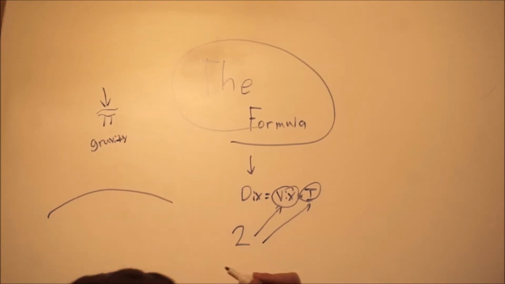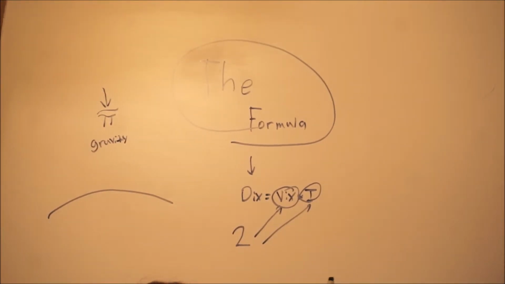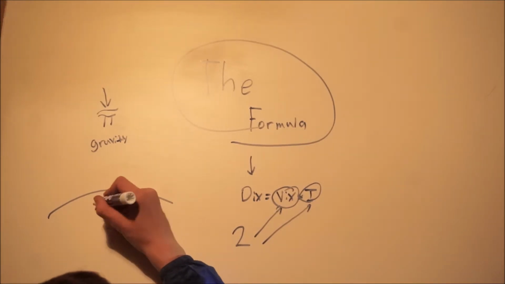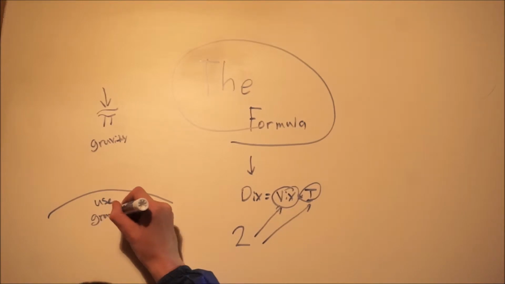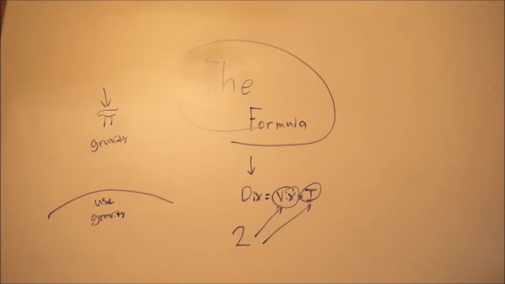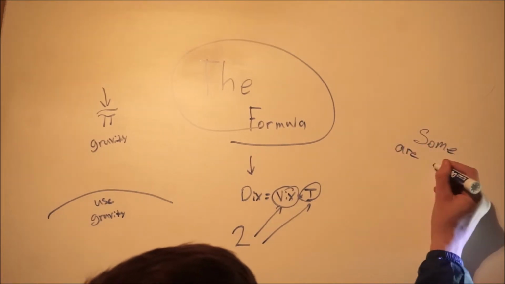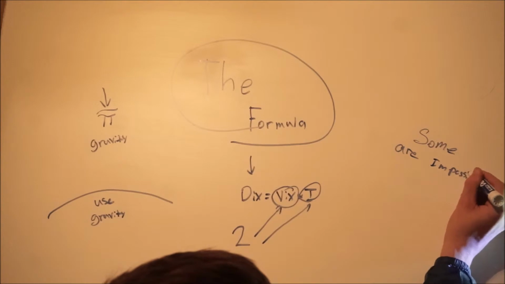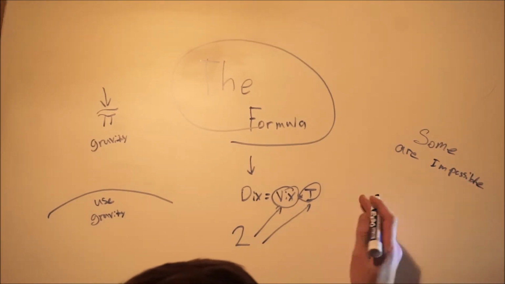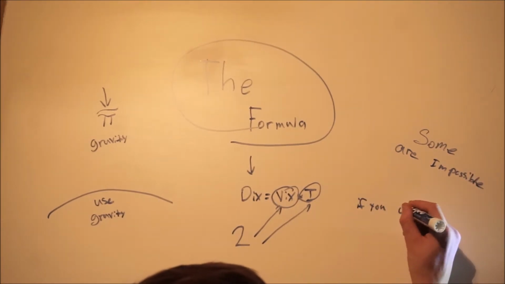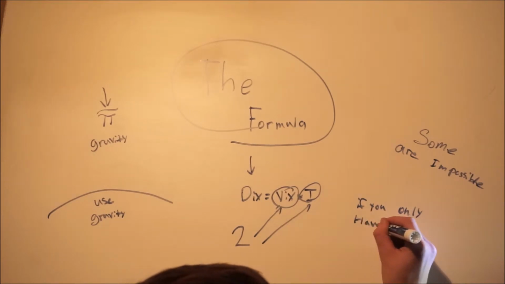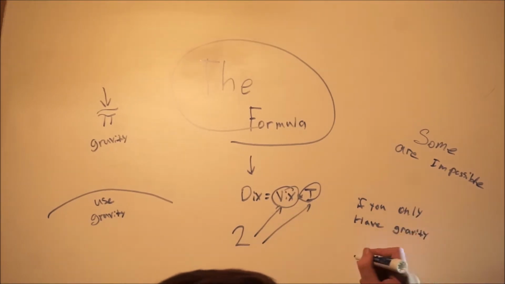But if you don't have two, then one given is gravity. You always have gravity, and if you're on Earth, there's always going to be gravity in the calculation. So if you have one, then really you have two. And you gotta keep in mind that some equations given are impossible. Like, let's say you only have gravity.